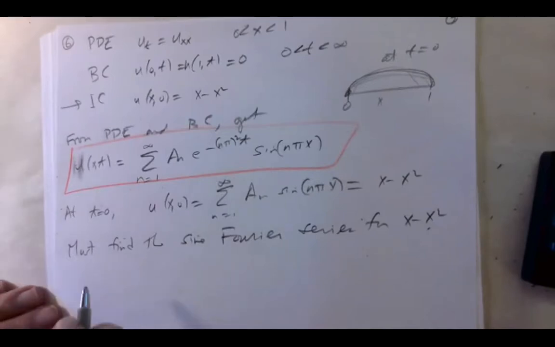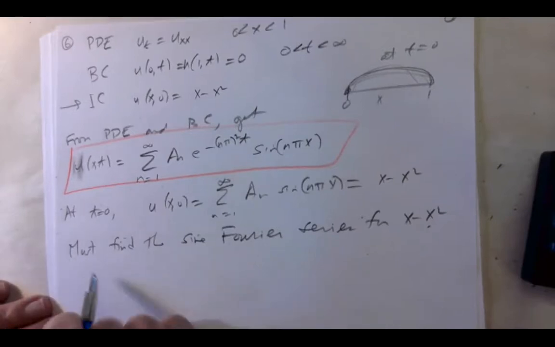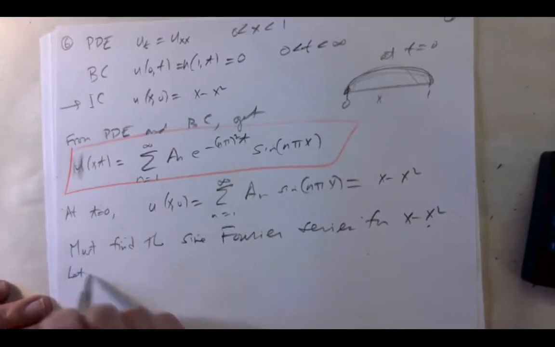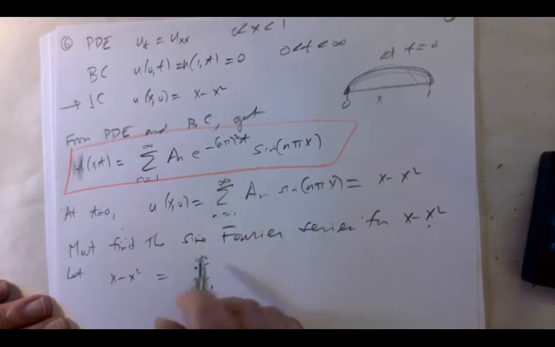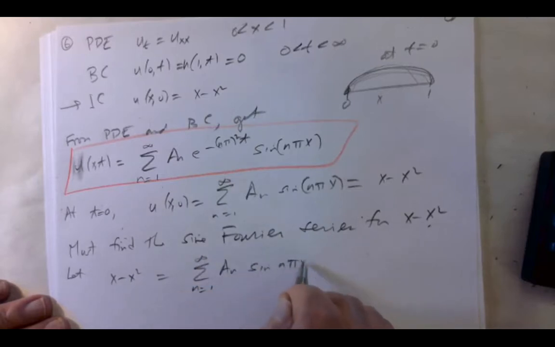So the procedure is always the same. Suppose x minus x squared is this sum, summation n goes from 1 to infinity, a sub n sine n pi x.